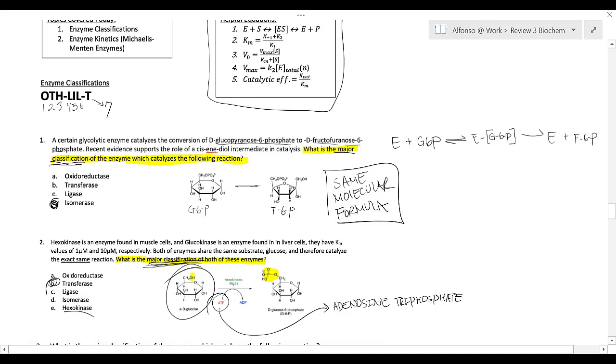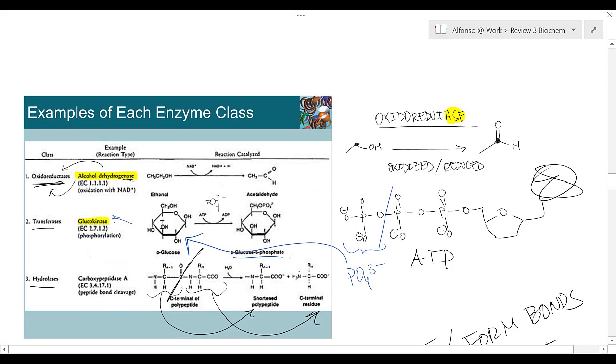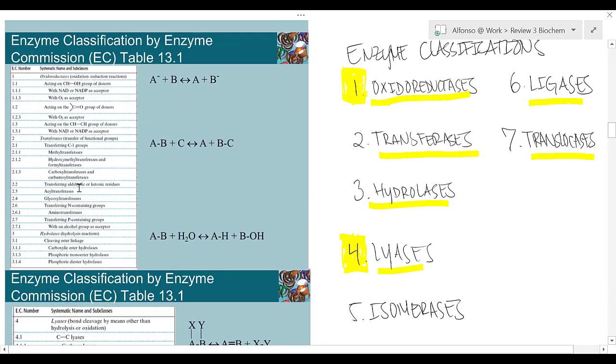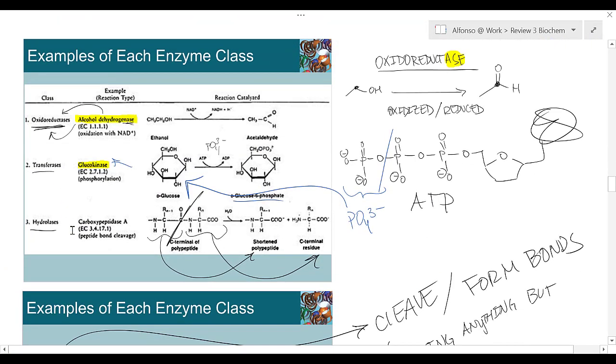Let's see if we can find hexokinase as part of the transferases. Well, we have glucokinase. Yeah, anytime you see kinase, it's a transferase. But let's see if we can find it over here. No, we can't. But yeah, anytime you are transferring one group to another, that is a transferase.